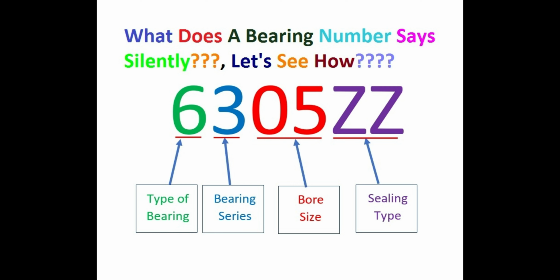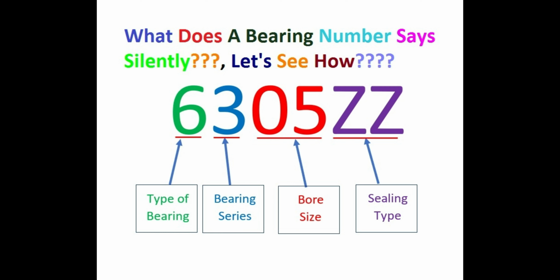Let us take an example to understand the bearing nomenclature more easily. Suppose we have a bearing whose pattern number is 630GG. Let us divide it into subcomponents. Here 6 indicates bearing type. The second number 3 means bearing series.